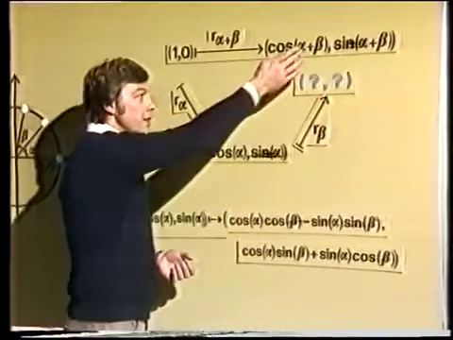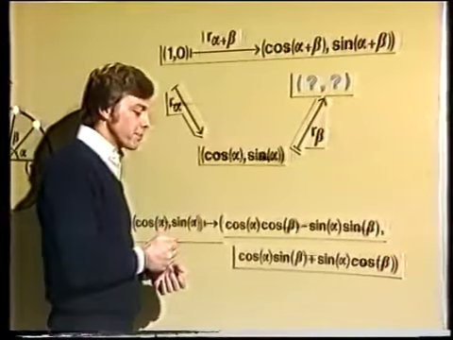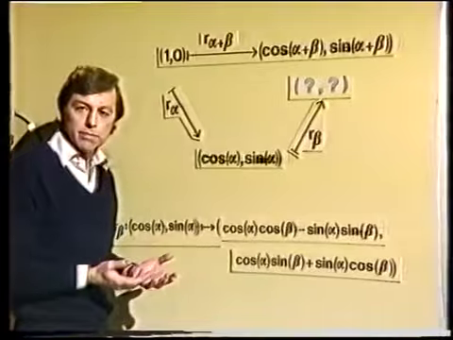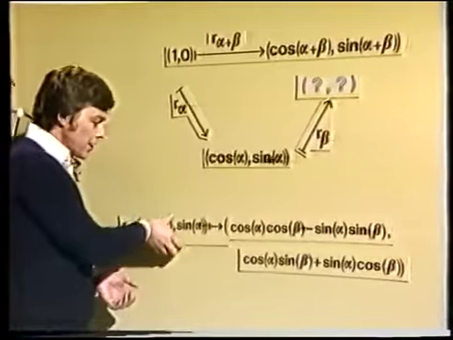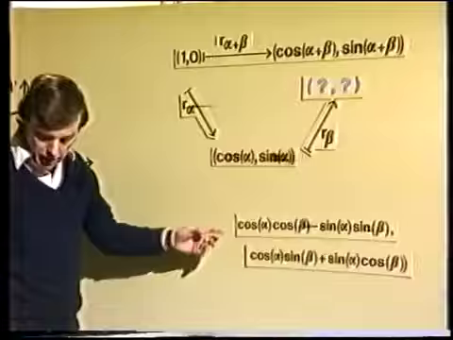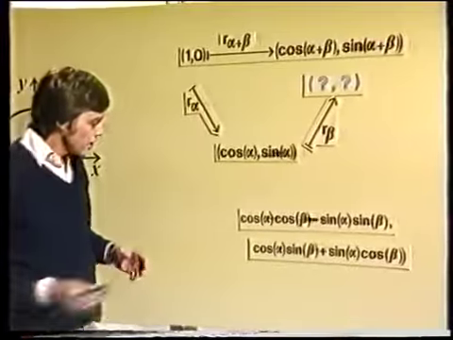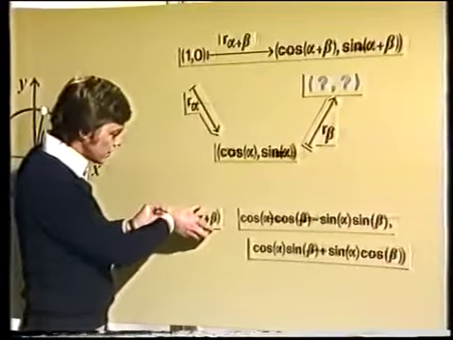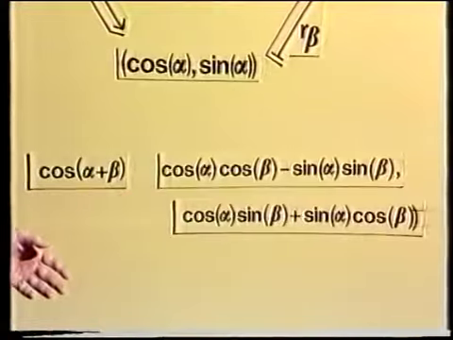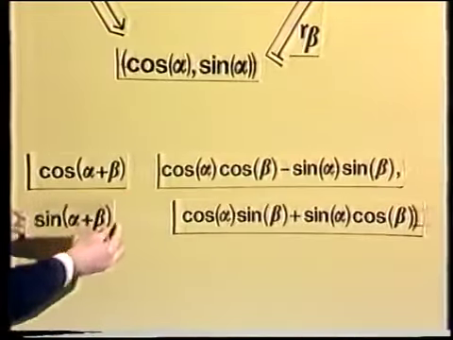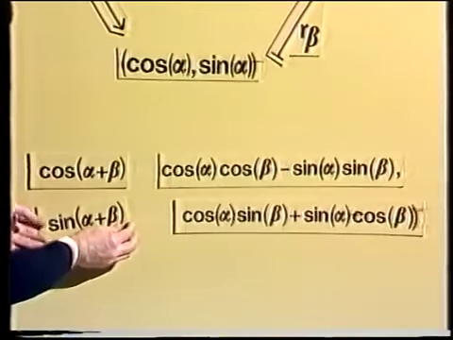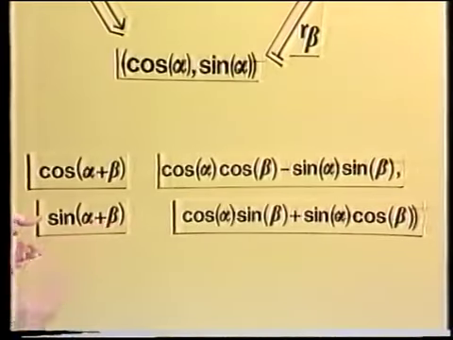But this point and this point must be the same, so the coordinates must be the same. So that means that the first term here must simply be cos of alpha plus beta, and the second term must just be sine of alpha plus beta. And that gives us the formulae that we're looking for.